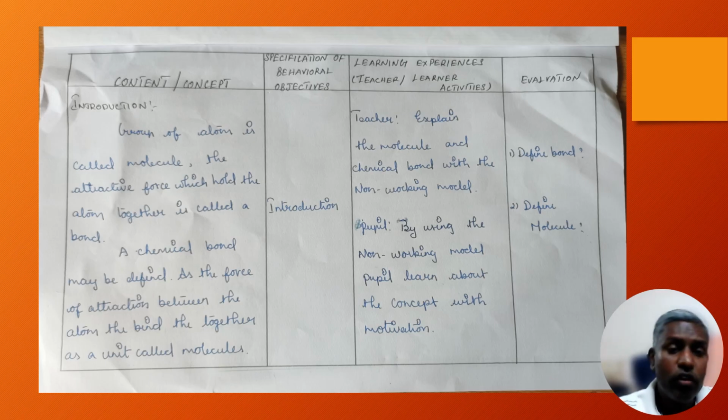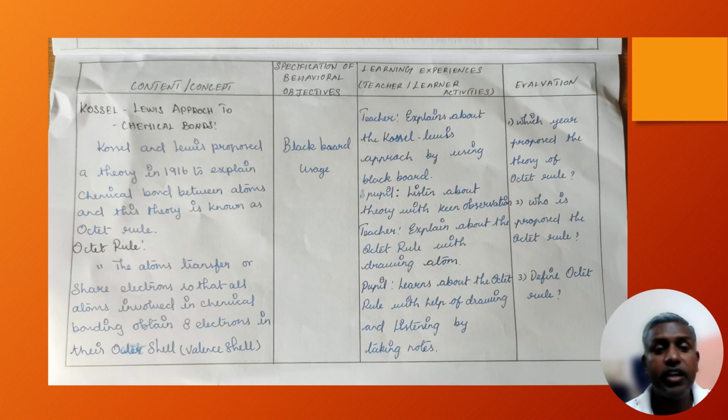So this is not rigid; it may vary according to the creativity level of the individual. As with learning experiences, the more creative one is, the better the learning experiences they will provide in the third column. Then finally, evaluation. We have to start with basic questions, from middle-order questions to higher-order questions. So these are the basic ideas related to that.